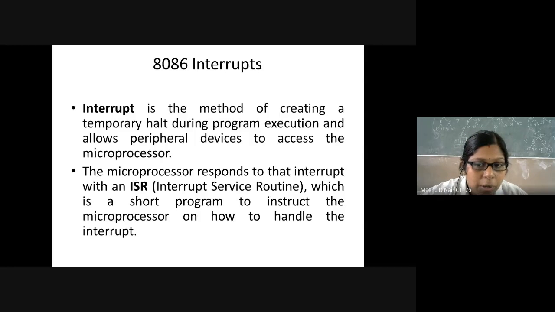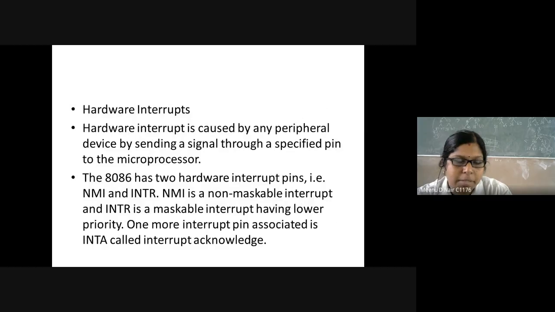ISR is a short program to instruct the microprocessor on how to handle the interruption. This is very, very important. You have to study the definition of the interrupt service routine, you will definitely get a question. It is a short program to instruct the microprocessor on how to handle the interrupt.